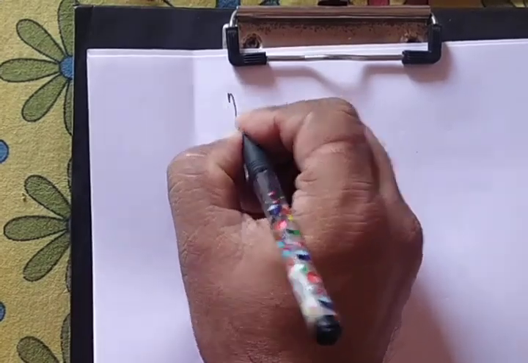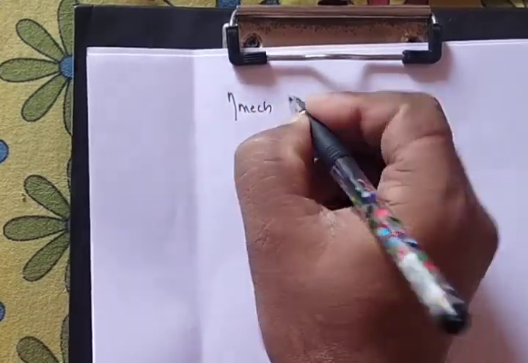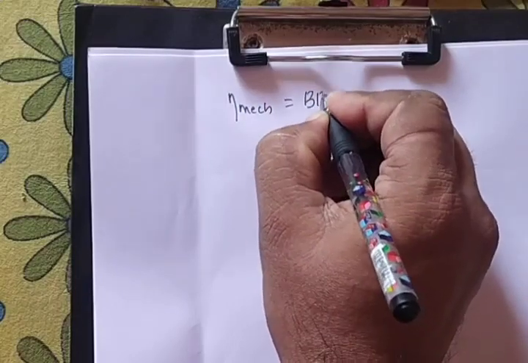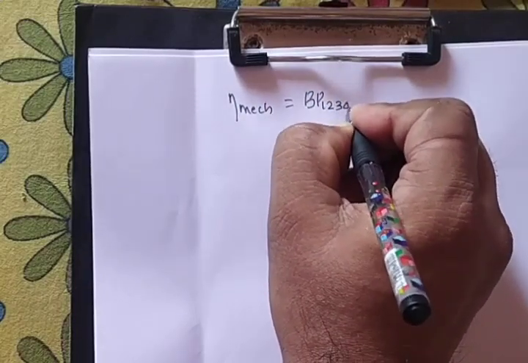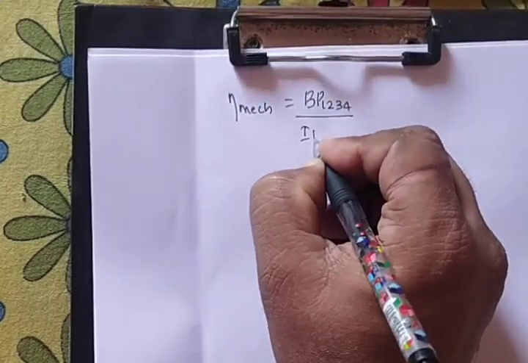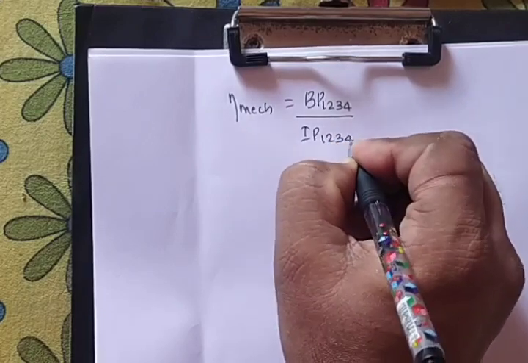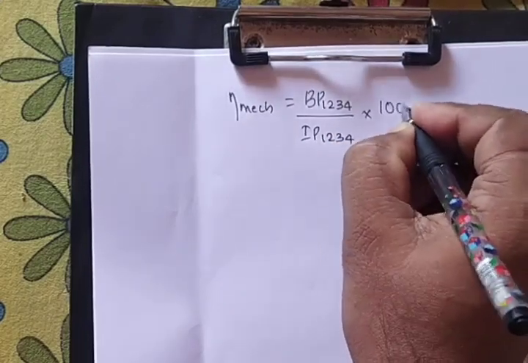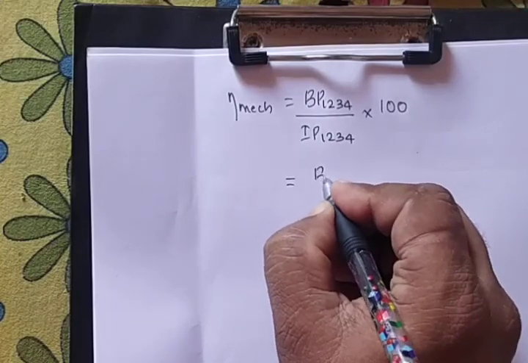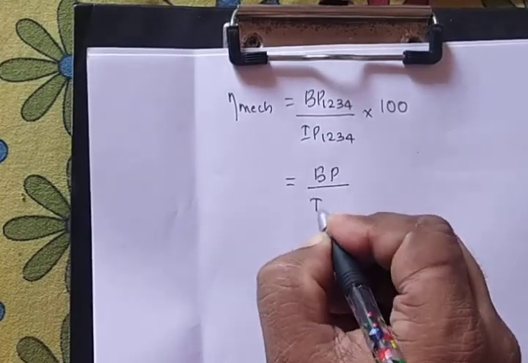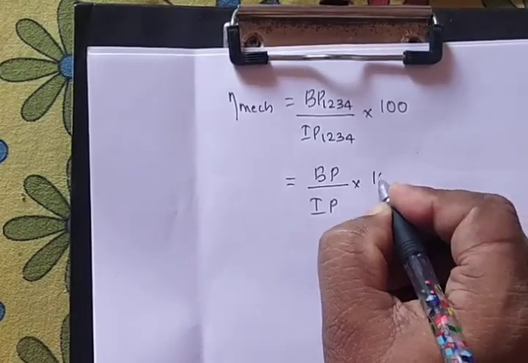After finding out the value of IP, let us find out the mechanical efficiency, which is asked in the problem. So eta mech will be equal to BP divided by IP into 100.